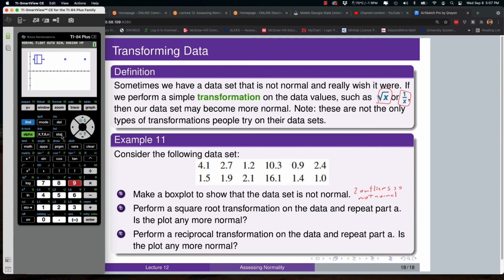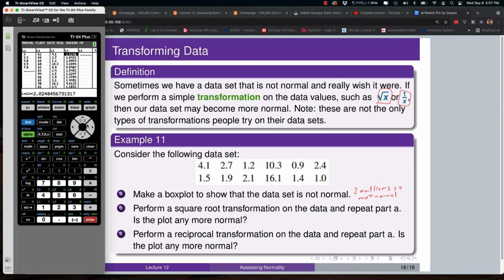So if we go back into our list editor and go into edit and then go over to list 4, I'm going to highlight the name list 4 and I'm going to say let's do the square root of every value in list 3, so I can put the name list 3 by hitting second 3 in there, and if I hit enter it'll populate that with all the square roots.